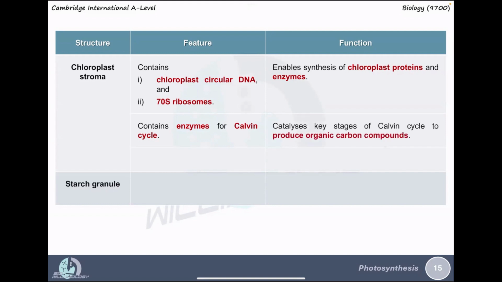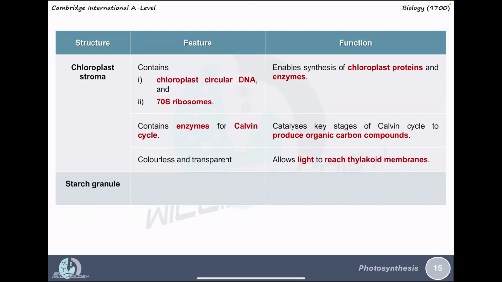These enzymes catalyze the key stages of the Calvin cycle to produce organic carbon compounds. As well as the DNA, 70S ribosome, and enzyme, the chloroplast stroma is colorless and transparent, which allows the light to reach the thylakoid membrane to enable absorption of the light energy.